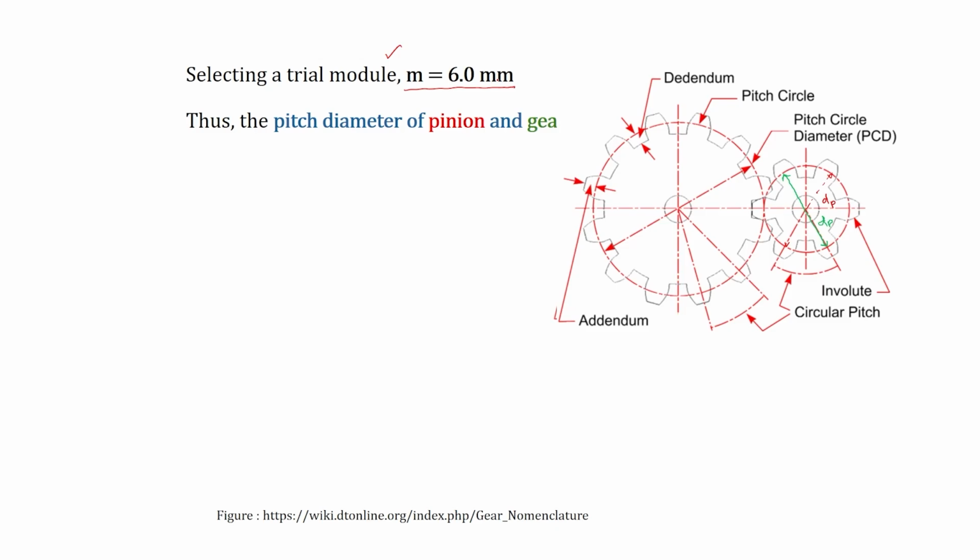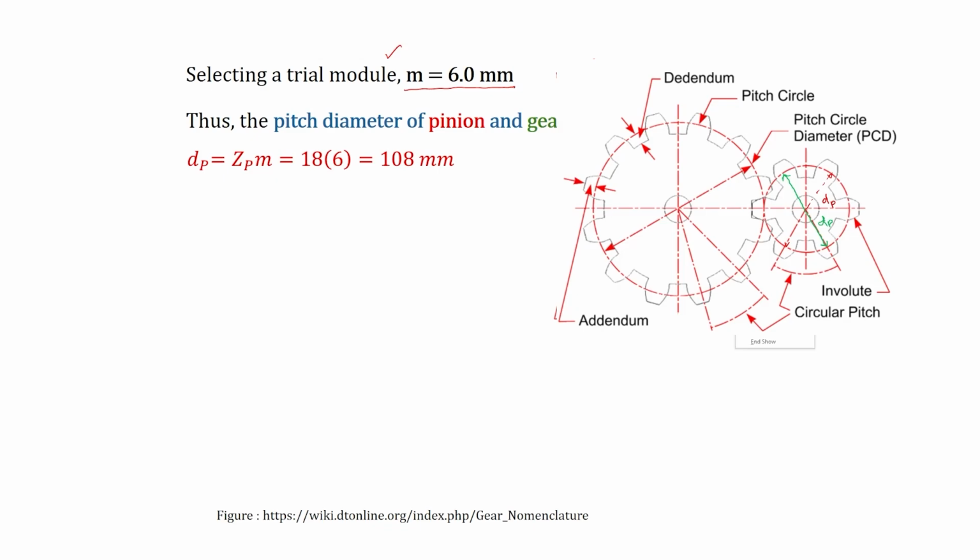And knowing the module, we can find this because module M is given as pitch circle diameter D divided by number of teeth. So, to get the pitch circle diameter of the pinion, this D will be written as dP and Z will be written as ZP, and thus dP is equal to ZP multiplied by module, and the pitch circle diameter of the pinion has come as 108 mm.